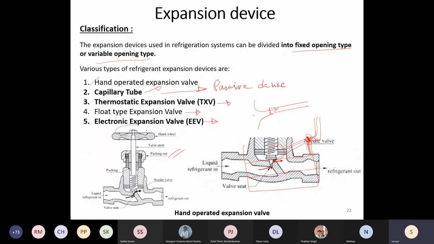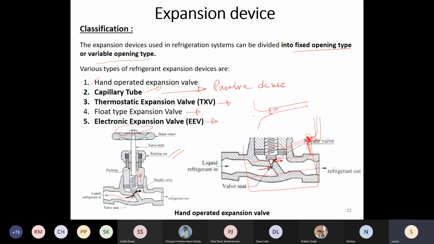So you rotate this wheel, you have this threaded section. This will move up. This will allow this needle to open this particular hole, and you will have liquid refrigerant coming from here. It will pass through this tiny hole and come out on the other side.